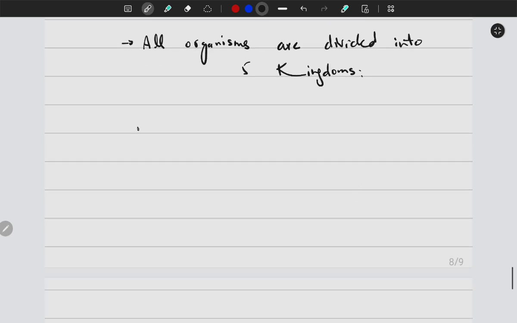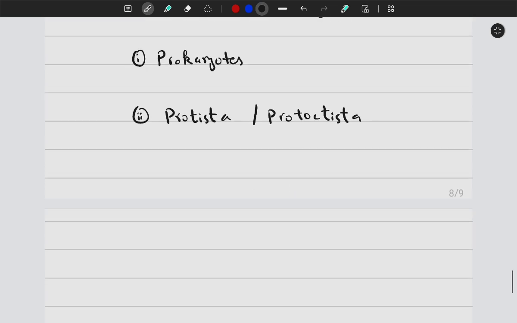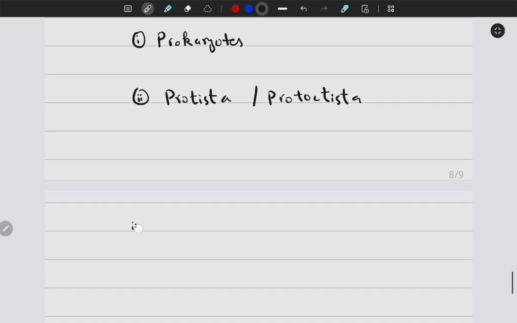I hope you already know that. Number one, the simplest, we have kingdom Prokaryote or prokaryotes. Number 2, we have Protista, or the kingdom is called Protista and the organisms are called protists. And number 3, we have fungi.